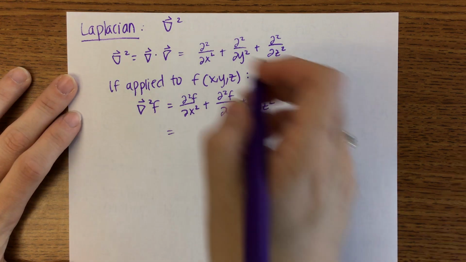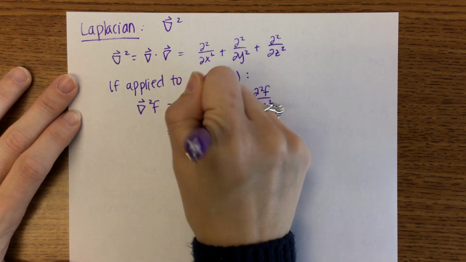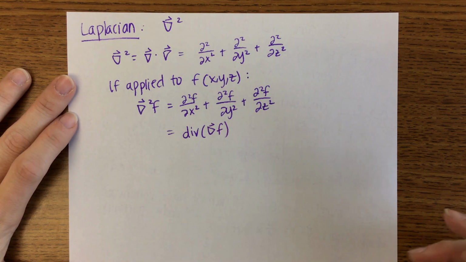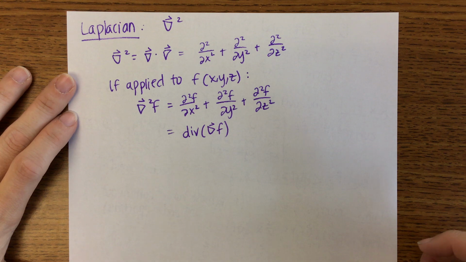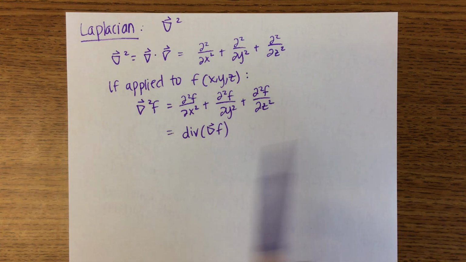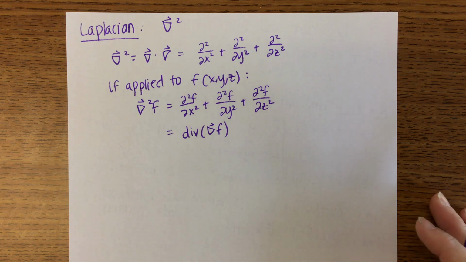Fun fact, this is the divergence of the gradient of f, which should make sense. Gradient of f, that's the partial of f with respect to x, y, and z, and then we're taking those partials again. Okay, that's the Laplacian. Sound good?